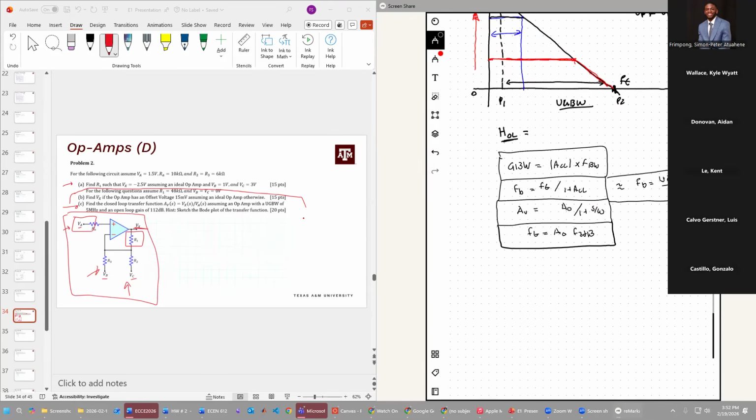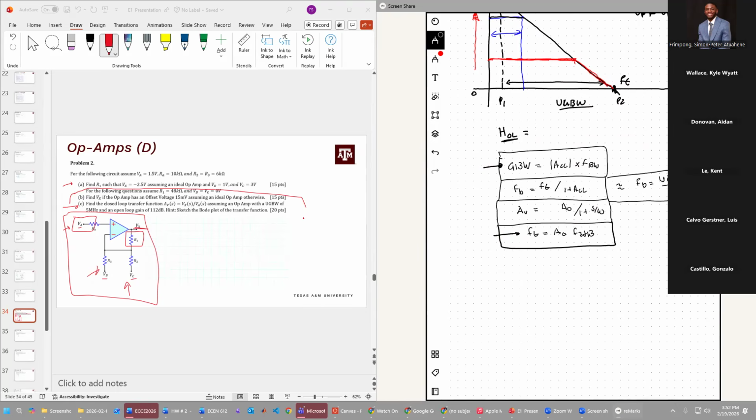Okay. So I've got my equations. One key set of equations that's super helpful in characterizing the op amp is these equations.